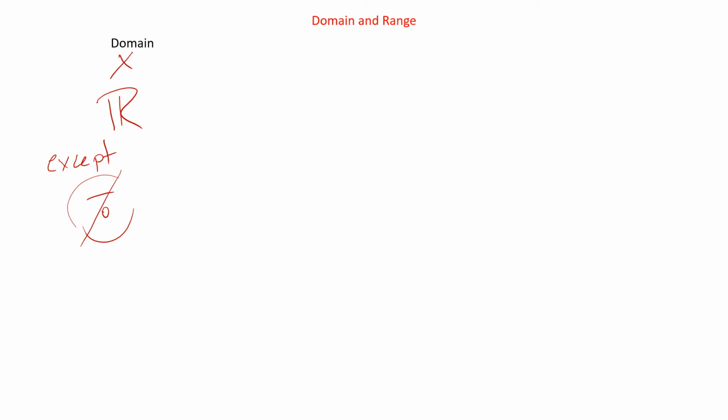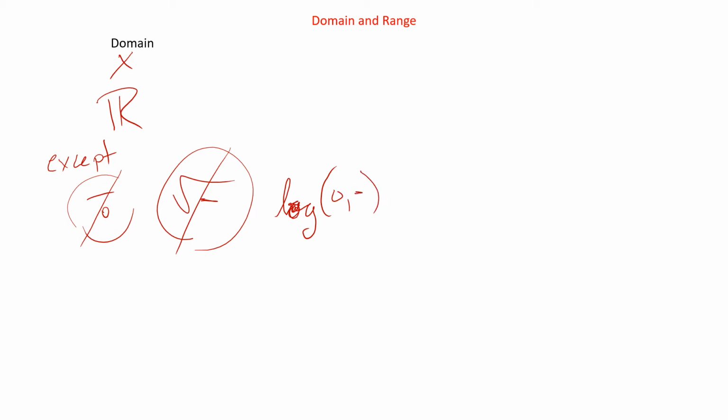Anything underneath a square root has to be non-negative, so we can't have a negative under a square root. And inside of a log, the value has to be greater than 0, so we can't have 0 or a negative inside of a log. So those are the things that can't happen.